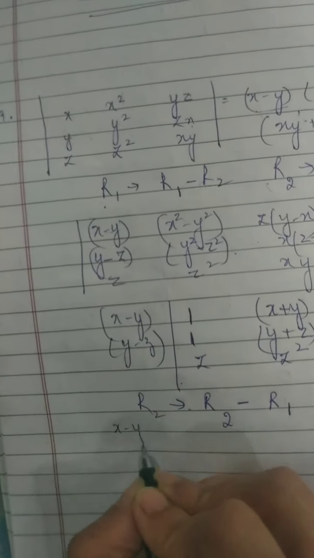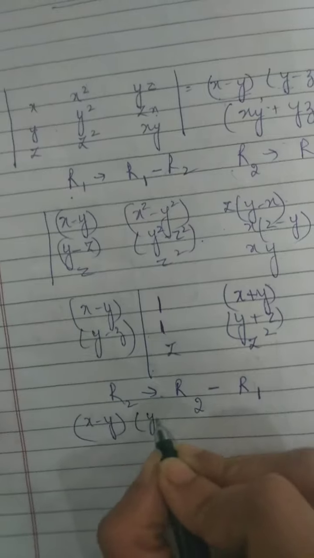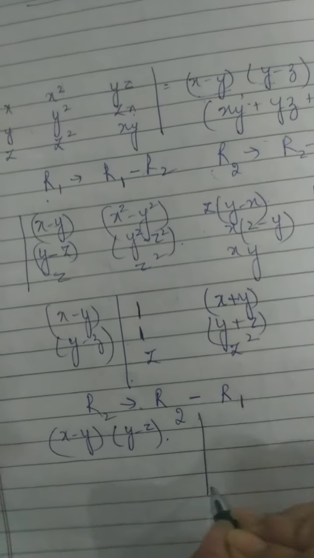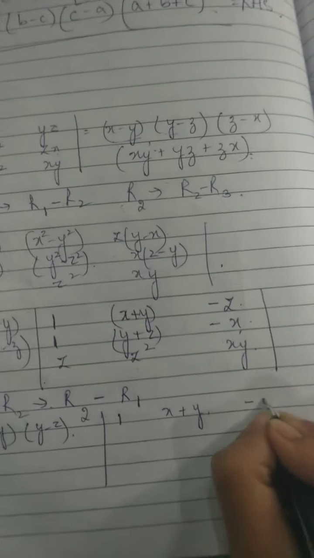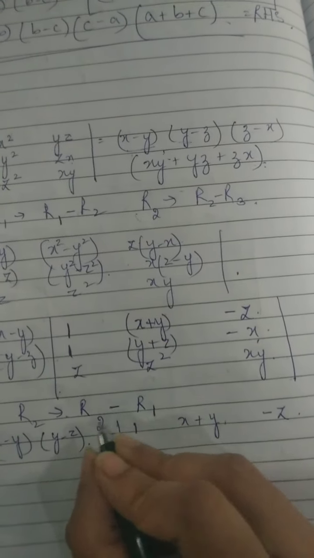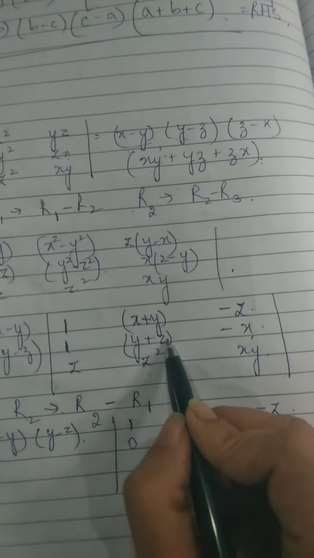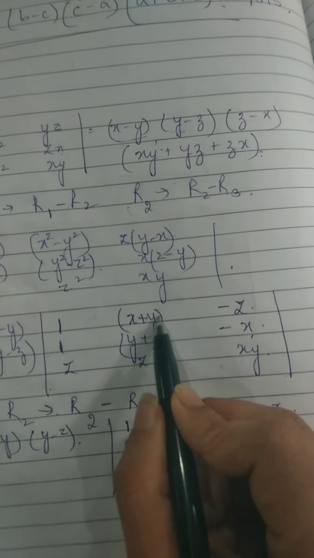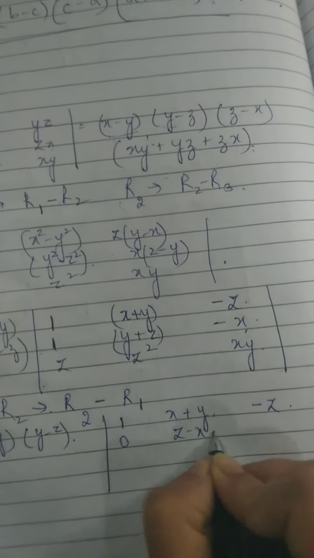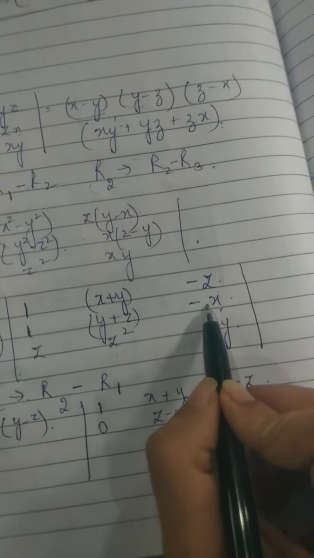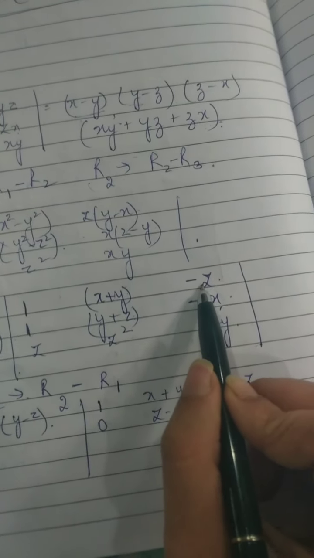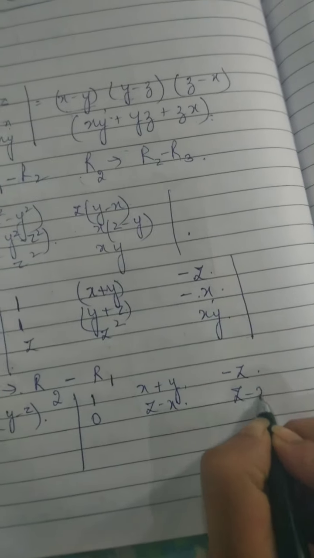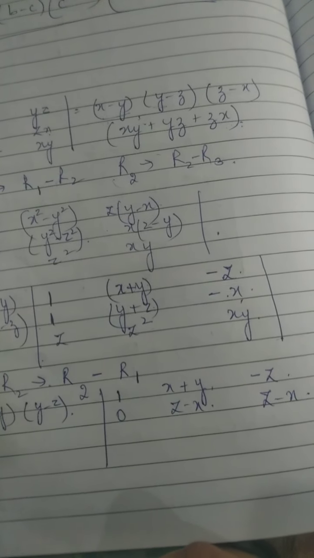Here we have x minus y. Here we have y minus z. This becomes 1. X plus y minus z. R2 minus R1 0. Y plus z minus x minus y gives us z minus x. And minus x plus z will give us again z minus x, right?